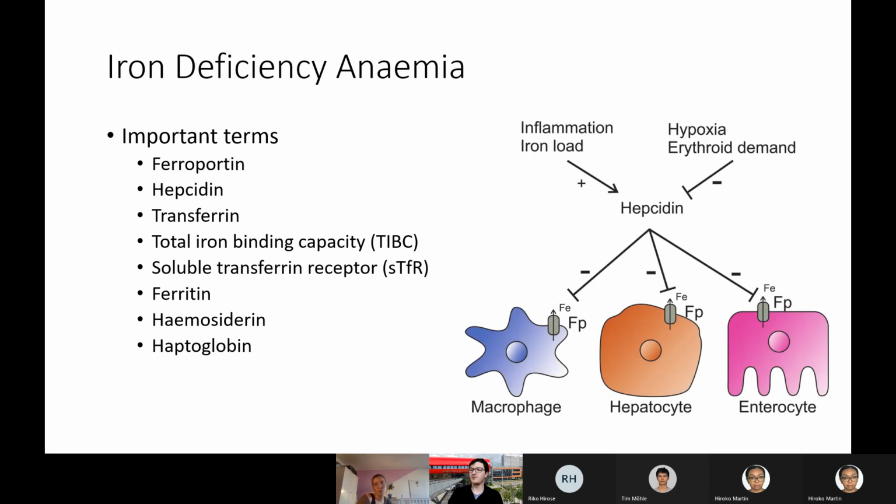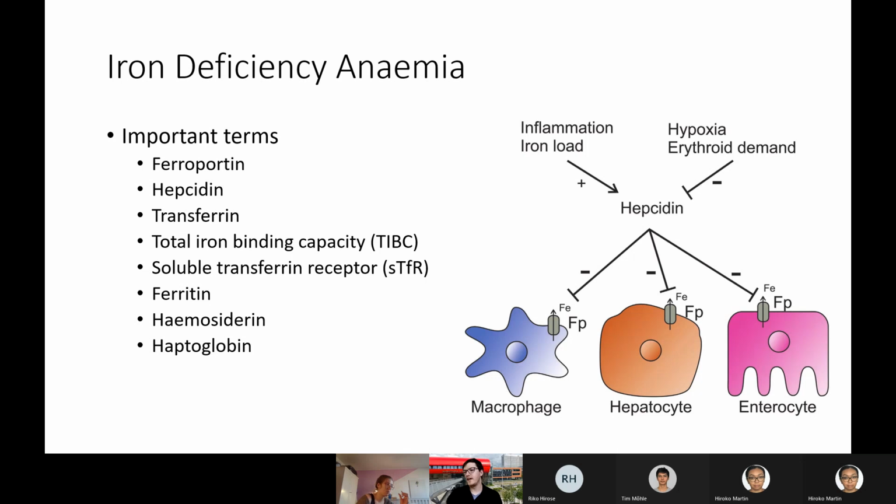First, iron goes through ferroportin. Hepcidin might say yes, you can go in, or hepcidin might say no, you can't go in. Then if iron does get in, it gets bound to transferrin. Transferrin circulates in blood, and the total amount of transferrin is the TIBC. It might bind to a cell via STFR, and then it leaves the iron in there, where it's stored as ferritin.